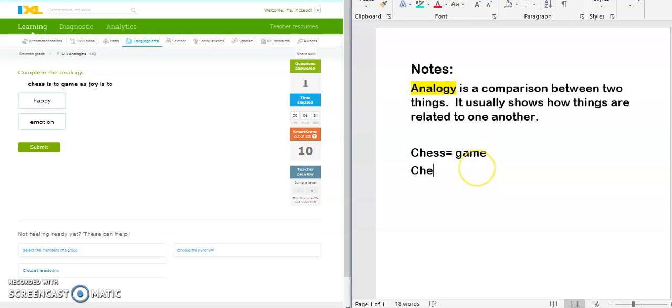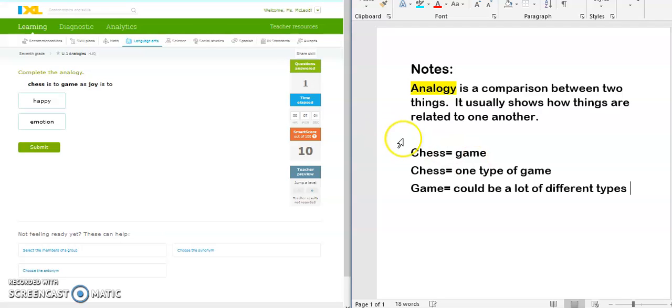So I know chess equals one type of game, and game could be a lot of different types.